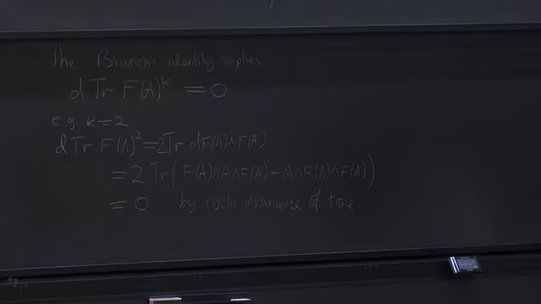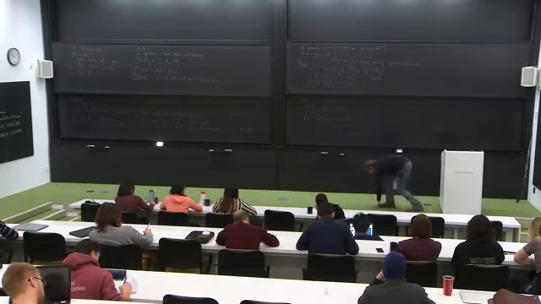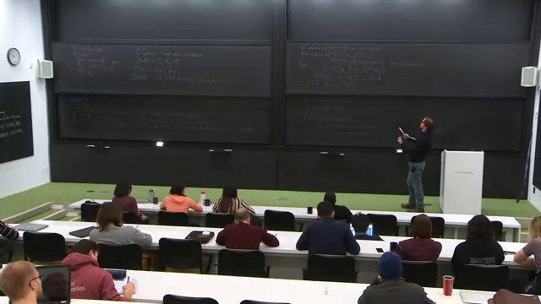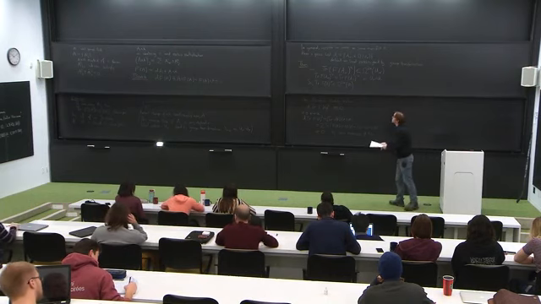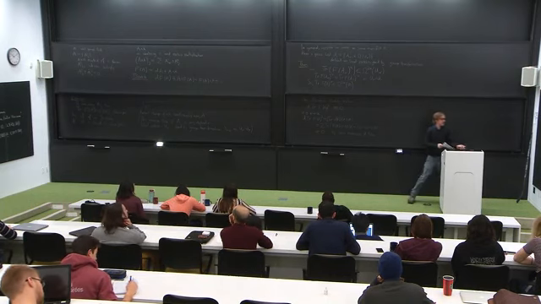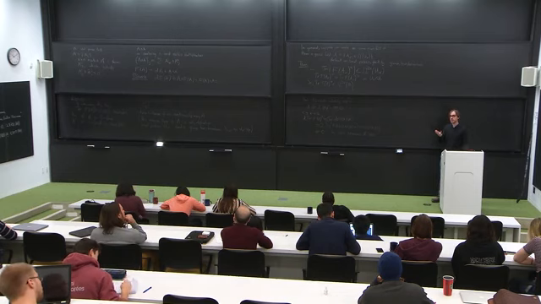So what have we done? We've built, for any gauge field, an expression which is a closed 2k-form. So that means we can take its class in de Rham cohomology.